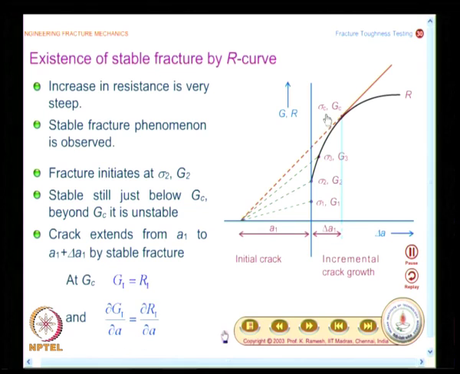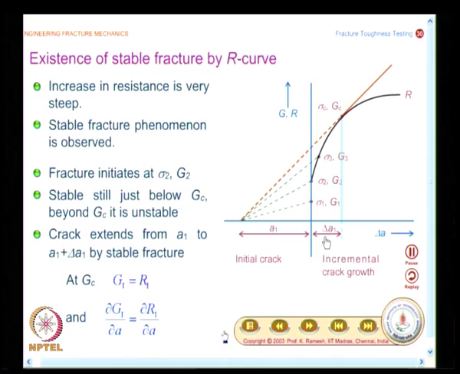So, when the value of the applied stress reaches the critical value sigma c and the corresponding energy release rate is G c, the line becomes tangent to the R curve. From the point here which is dictated by sigma 2 to sigma c, you will have a stable fracture of the incremental length equal to delta A1.